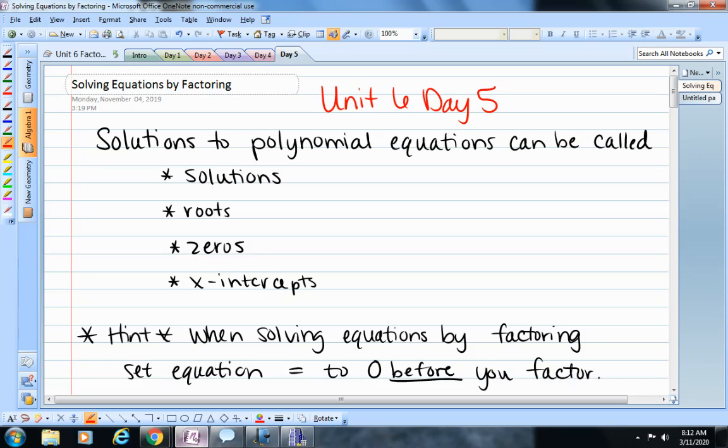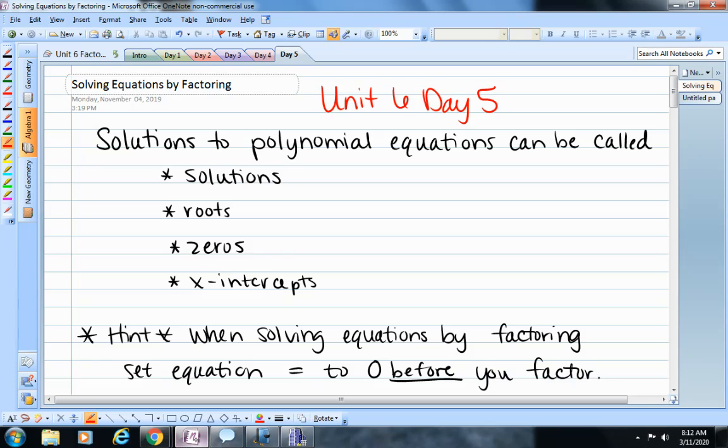Does that make sense? So that's why algebra is important. Now, we're going to learn a bunch of other ways in the next unit that we'll start next week, the quadratic unit, on how to solve these polynomial equations in other ways besides just factoring. We're going to learn the quadratic formula, completing the square, and some other ways.